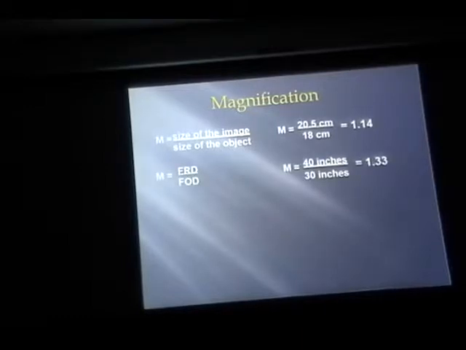And sometimes if you want to see how much magnification there is, this is the formula that we use: size of the image divided by size of the object, then you get the amount of magnification.